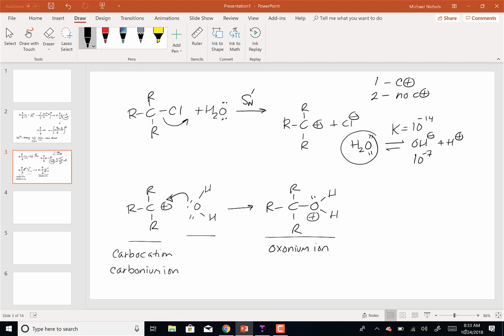And when we make the oxonium ion, in order to make the final product, that oxygen wants to go back to being neutral. So how is it going to do that? It's going to break the O-H bond.